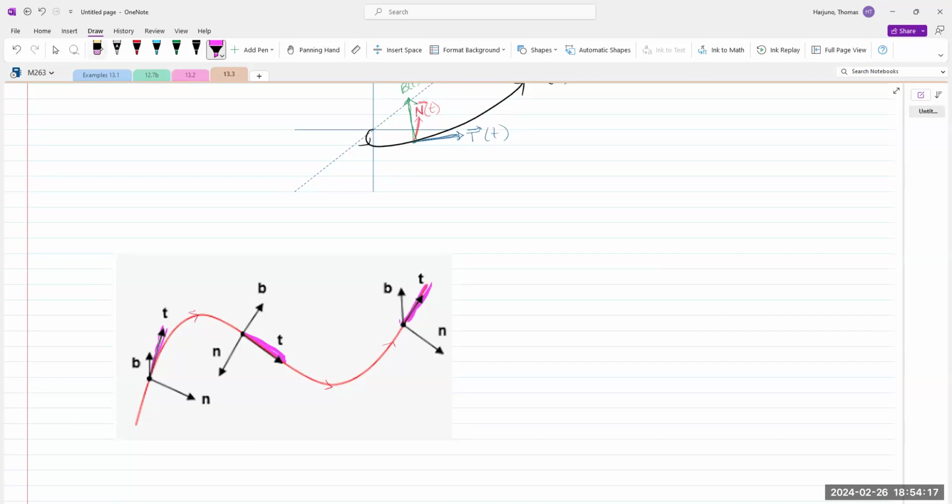Now, the unit normal vector, however, is always pointing to where the curve is concave to. So like at this point here, the curve is concave this way, right? Concave open to that side. At this point here, it's actually open to this side.